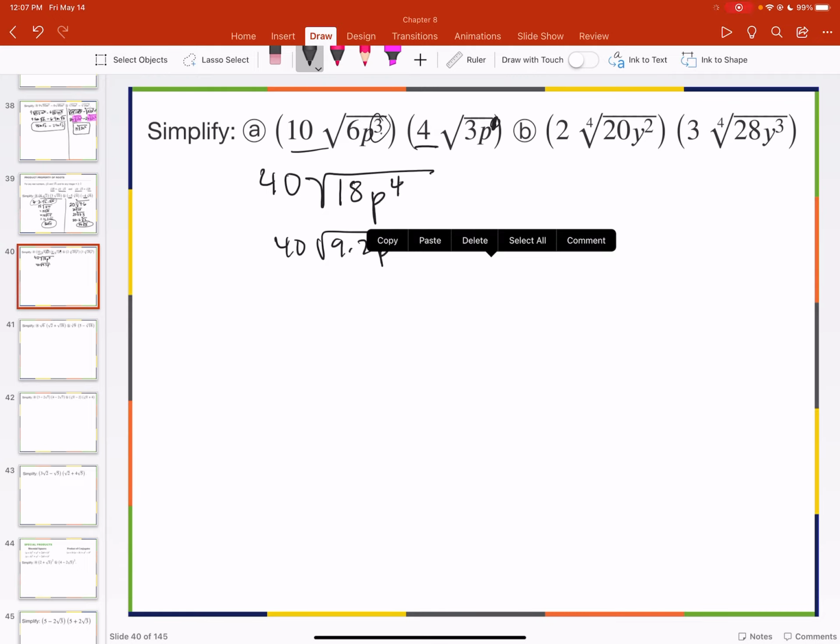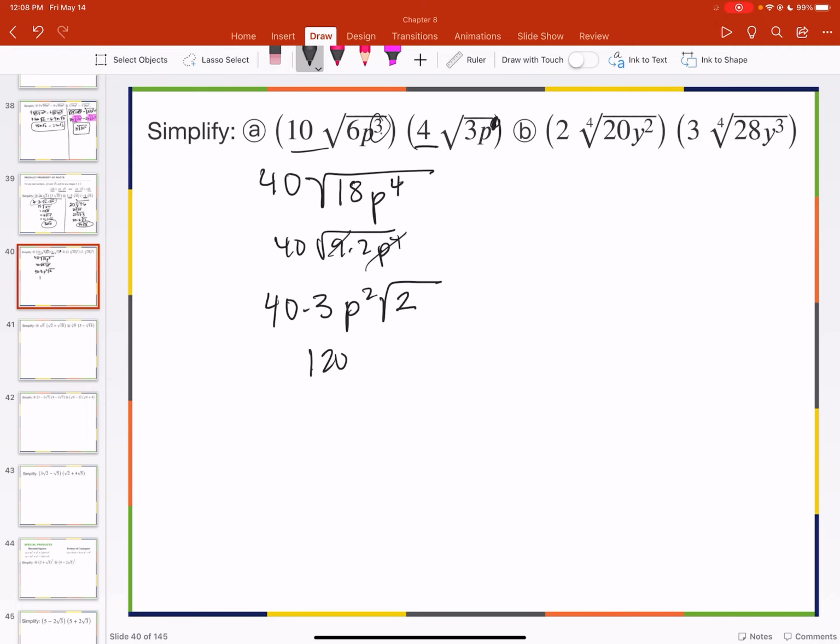Square root of 9 is 3. Square root of p to the power 4, using the rational exponents property, that's just 4 divided by 2. So you get here on the outside 40 times 3 times p squared, and the square root of what's left is just 2. So 120 p squared root 2.